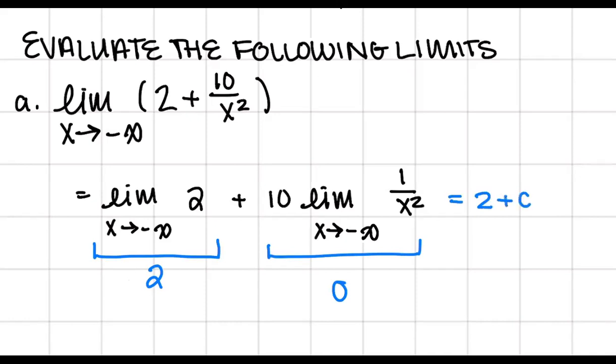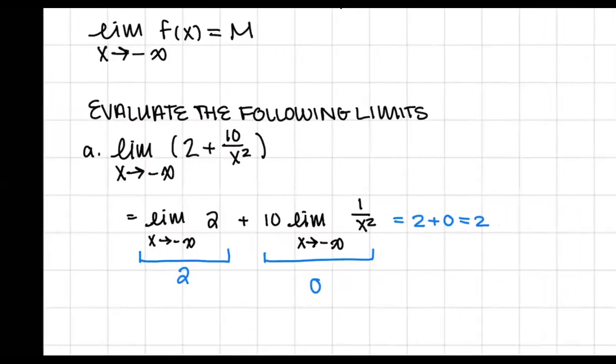Altogether, we've got 2 plus 0 equals 2. So we can confidently say that the graph of y equals 2 plus 10 divided by x squared approaches a horizontal asymptote at y equals 2 as x approaches negative infinity. And you would see that if we plugged in positive infinity there, you'd get the exact same thing.